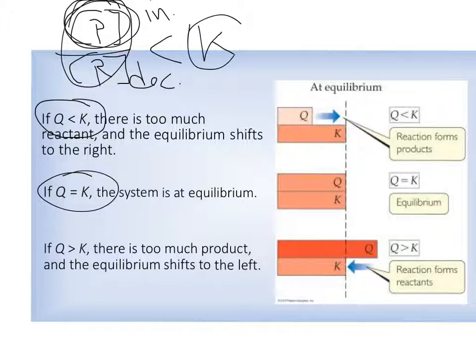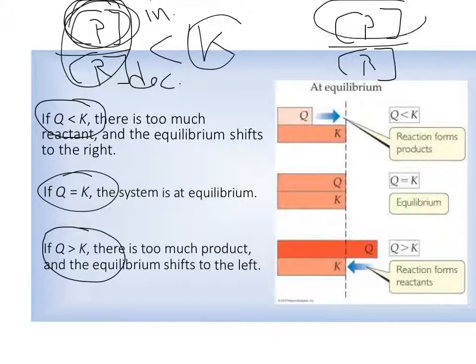If the reaction quotient is equal to the constant, that means you're at equilibrium. It's nothing that's going to change. Again, we have the forward and reverse reactions continuing, but our concentrations are not going to be any different over any period of time. The opposite of what we previously described is true if Q is greater than the constant. Looking at this ratio of products over reactants, that would tell me that currently the product concentration is higher than it would be at equilibrium, and the reactant concentration is lower than it would be at equilibrium.